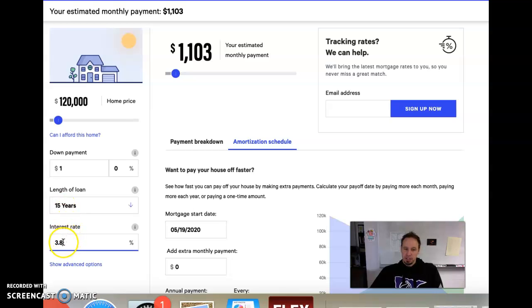But you can see how your interest rate really affects your payment. Going from 3.8, if you have really good solid credit, to 4.2 increases your payment, then 4.9 and so on. So having that good interest rate makes a difference.